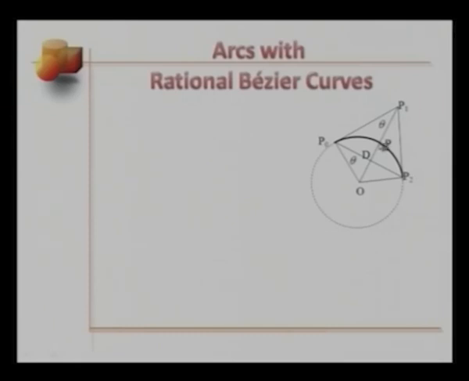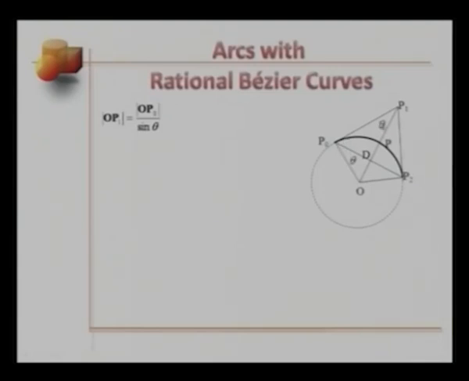Let's try to work the algebra to see if we can get a circular arc. The method here is slightly different from what we had discussed a bit earlier for other conic kinds. Using trigonometry, we have OP1, this distance, is equal to OP0 over sine theta, this angle here.